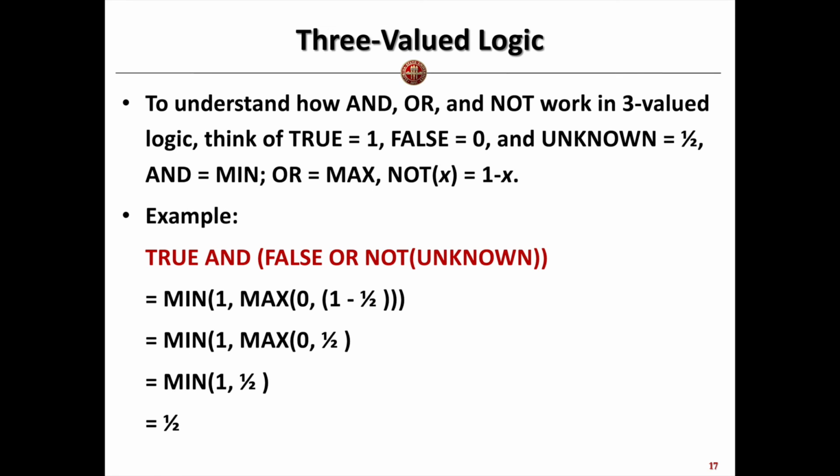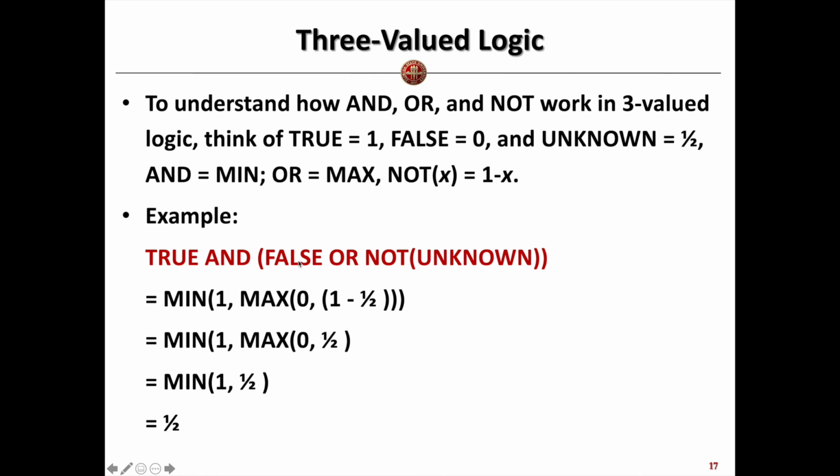However, if we translate this expression into the functions we showed above, we can get this value very easily. We set unknown to be 1/2. The NOT function is NOT x equals 1 minus x. Therefore, NOT unknown equals 1 minus 1/2.